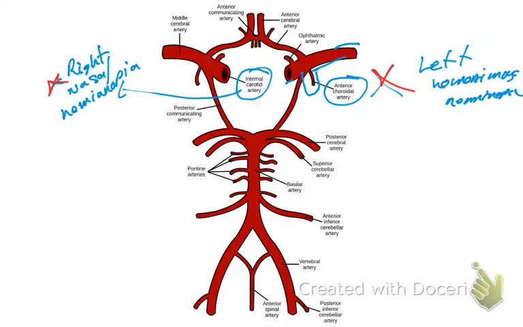So an occlusion of the middle cerebral artery, and basically, if you see, the internal carotid artery can cause the right nasal hemianopia, but the middle cerebral artery is right here. A lesion of this middle cerebral artery can cause your left homonymous hemianopia by the optic radiation.